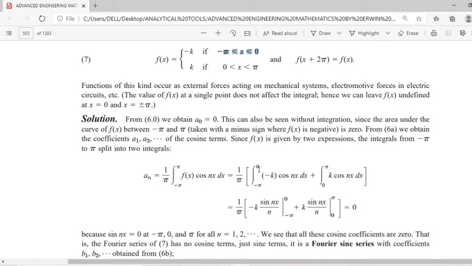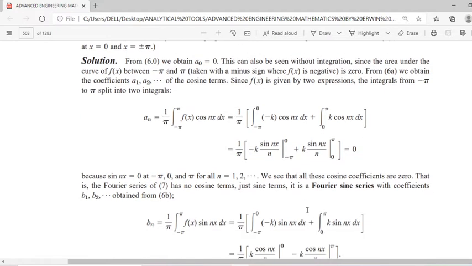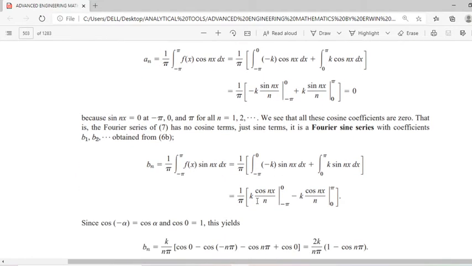So integral minus pi to 0 of minus k cos nx plus integral 0 to pi, where f of x is k, of k cos nx dx, that equals 1 by pi into minus k sin nx by n from minus pi to 0 plus k sin nx by n from 0 to pi, which equals 0. So the result for an is 0. So what is bn? 1 by pi into integral, and so on. This is the method of finding an and bn. You have to understand this.